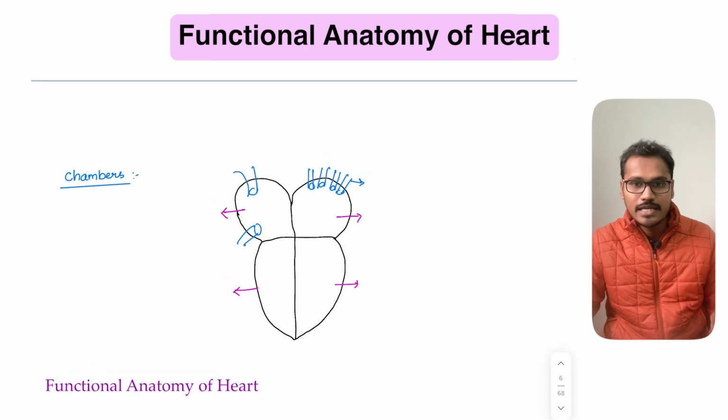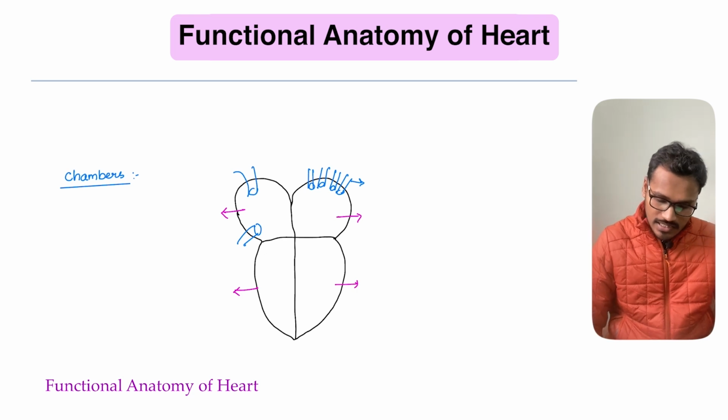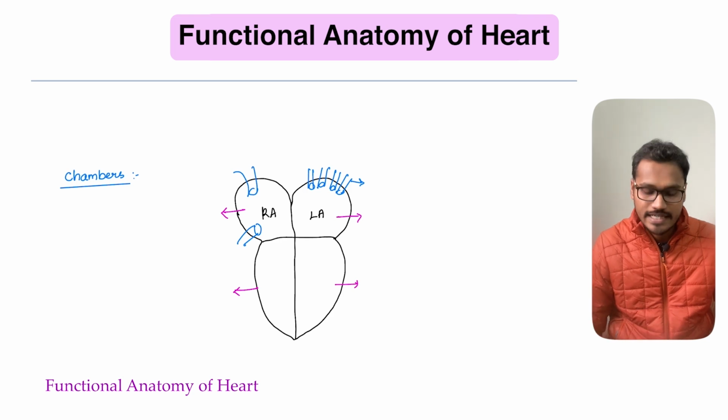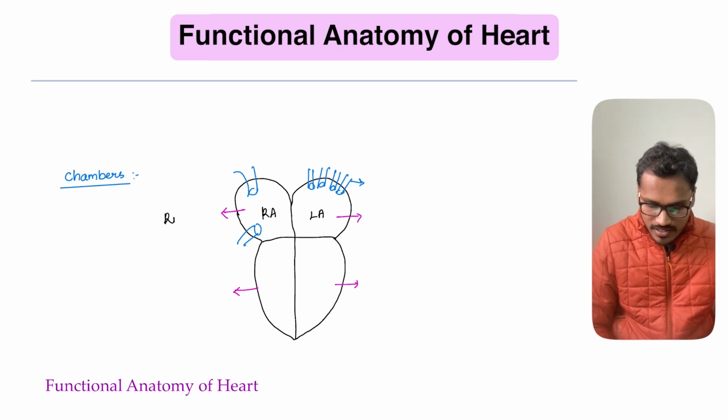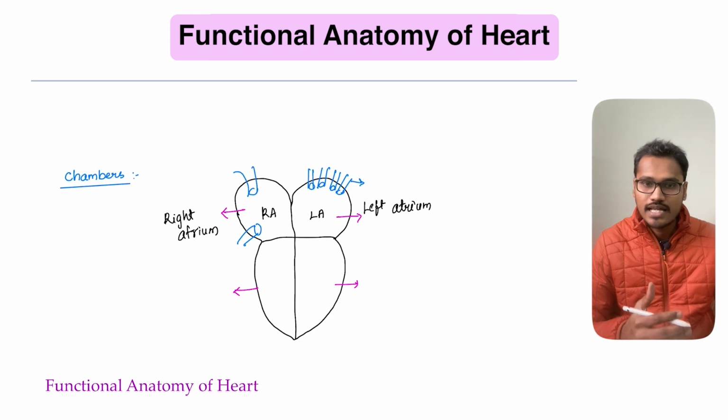First, coming to the chambers of the heart. All of us know that the human heart has 4 chambers. The smaller chambers are the atria. On the right side we have the right atrium and on the left side we have the left atrium. So these are the RA and LA.